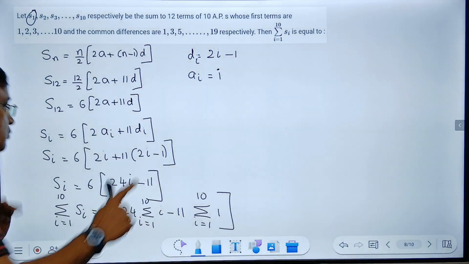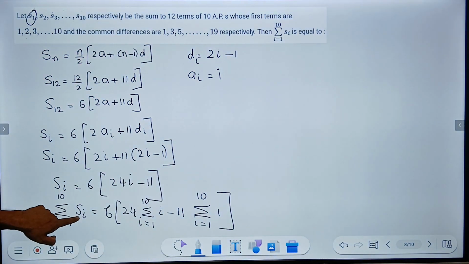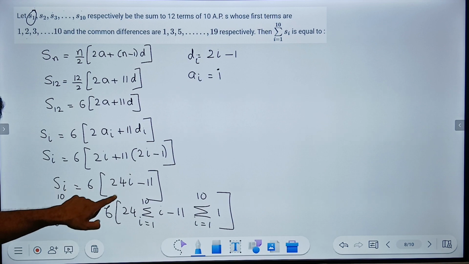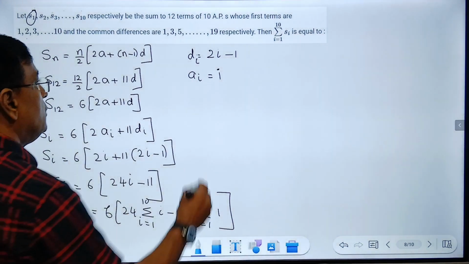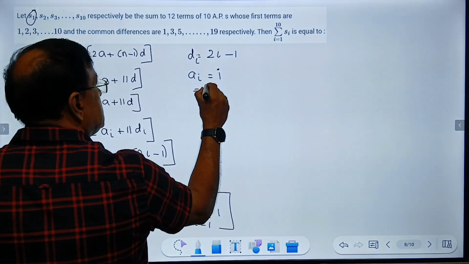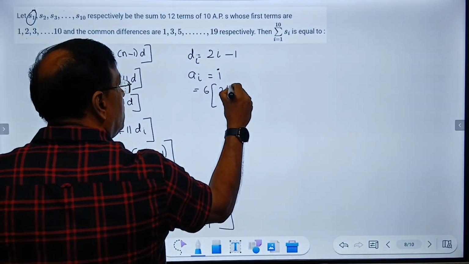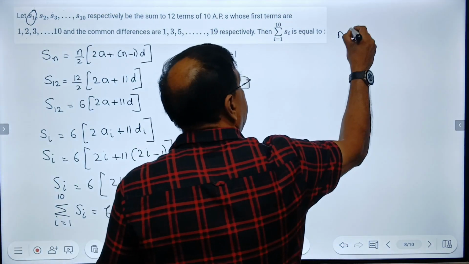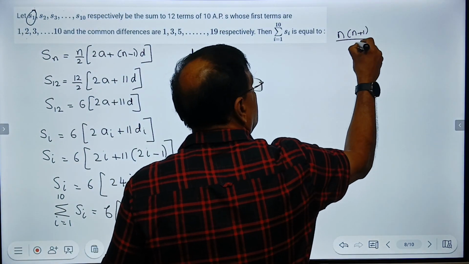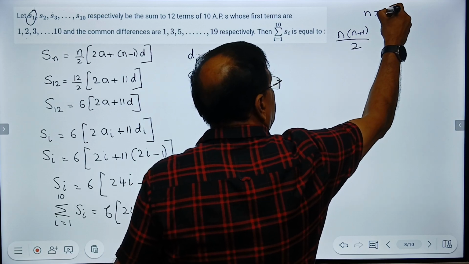I am putting sigma throughout. Sigma Si equals 6 into 24 sigma i minus 11 added 10 times. Okay. So what is this actually? This is 6 into 24. Now what is sigma i? Sigma i formula is n into n plus 1 by 2. But n is not 11, n is 10. Okay.